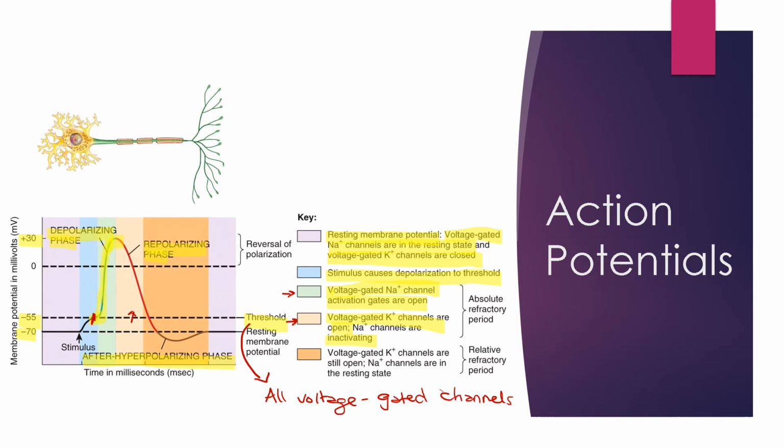But the voltage-gated sodium channels open and close much faster than voltage-gated potassium channels. Sodium channels very quickly open and very quickly close, so they're really fast channels, whereas the potassium channels are very slow, especially compared to the sodium channels.